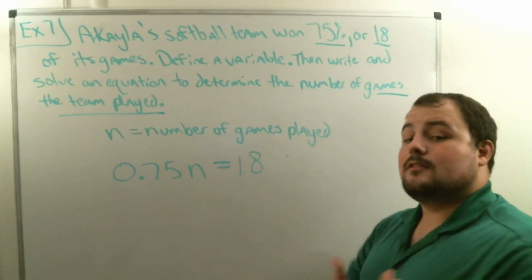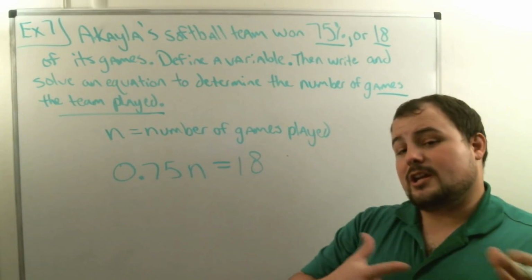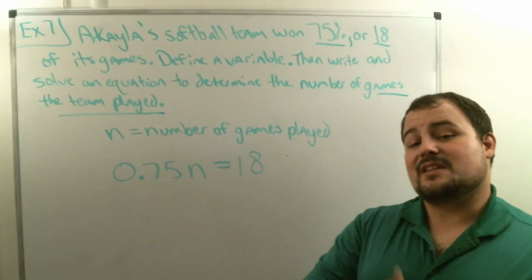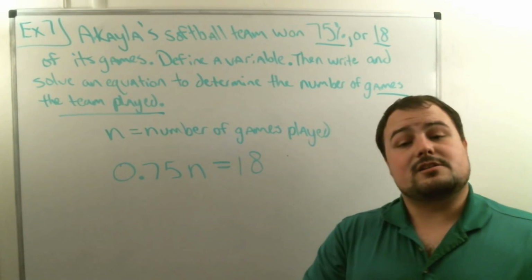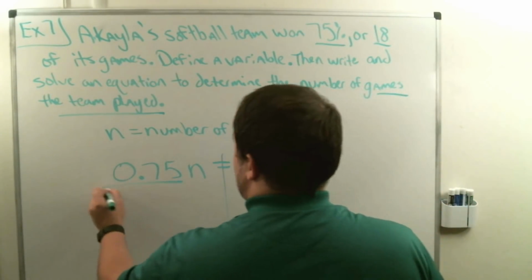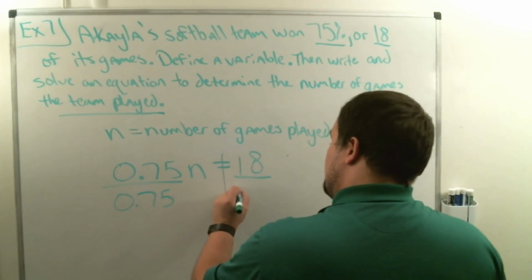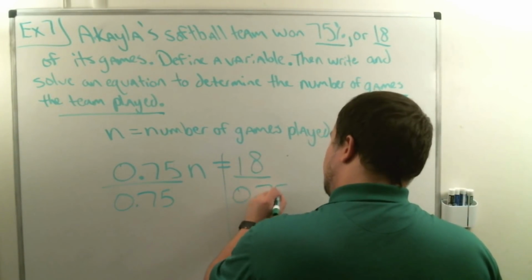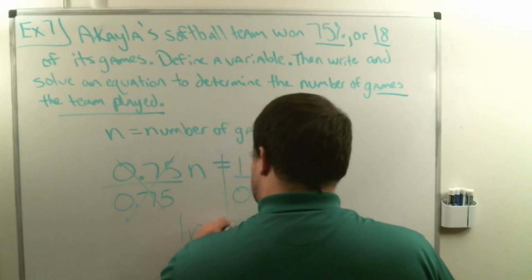Now, this looks like the problems we were solving earlier. We need to figure out the letter n. So we need that n to not be 75% of n, we need it to be 1. So we're going to go ahead and divide by 0.75. And if we do that on one side, we do that on the other. 0.75 divided by 0.75 gives me 1.